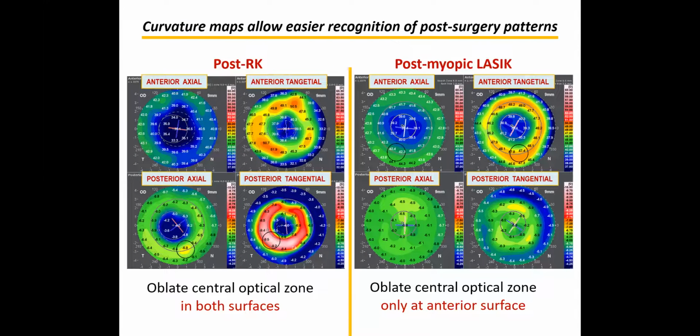The curvature maps make it easy to discover what happened in the cornea when we observe anterior and posterior curvature maps. After radial keratotomy, we have both surfaces affected, but after myopic LASIK, we only have the anterior surface affected and the posterior is still normal.